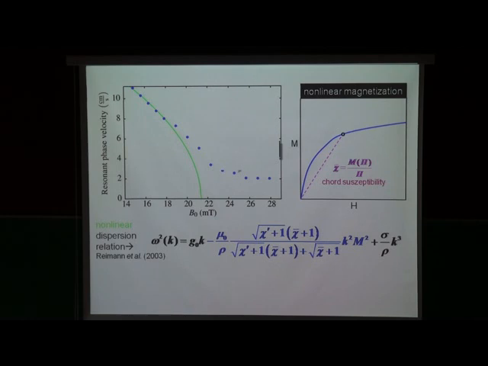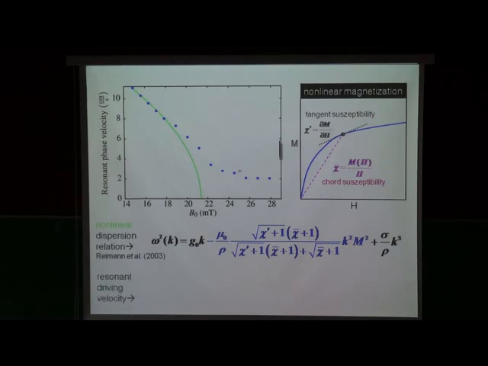This is the magnetization as a function of H, and you have to take into account the chord susceptibility, which is the susceptibility you are getting if you are at a given field by making a kind of chord from that field to 0, and you have to take into account the tangent susceptibility, which is a derivative of the magnetization at that point.